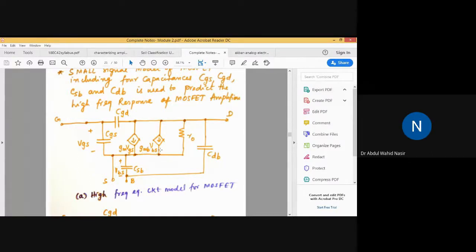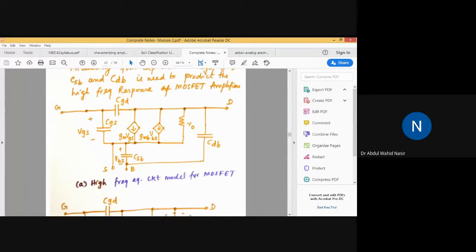But in most of the cases, or in all the cases, what we have done is we have shorted the body and source terminals of the MOSFET. If you go to the notes of module 1 or the class, I would have explained that in actuality we have 4 terminals of a MOSFET, but for application purposes we short B and S.